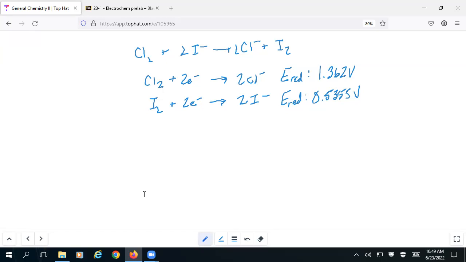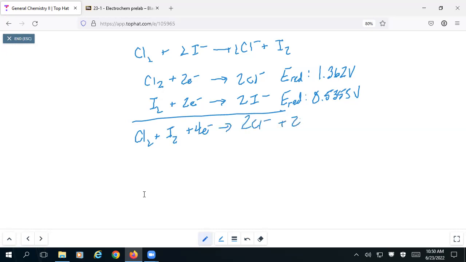Now, here's what we have to recognize. We can't just simply add these 2 together. We add them together, we get chlorine plus iodine plus 4 electrons makes chloride and iodide. That's not the reaction we're looking for. It doesn't match up. So what we have to recognize is one of 2 things.